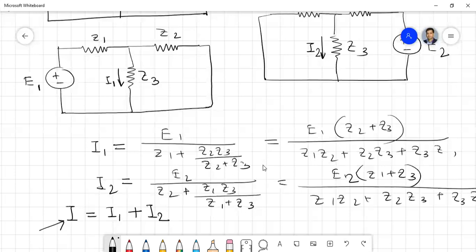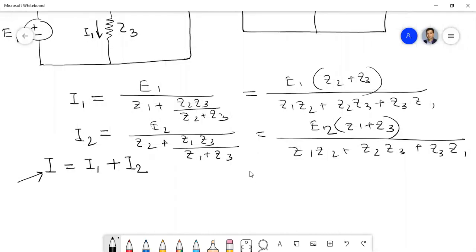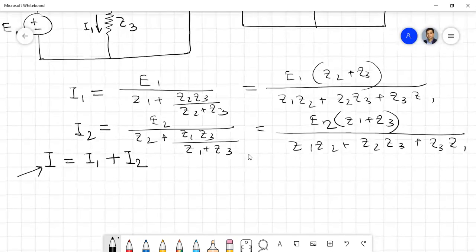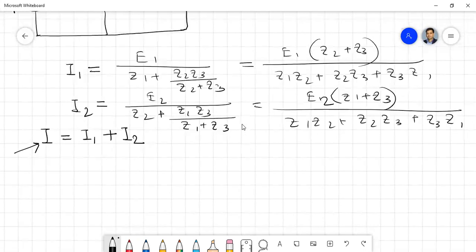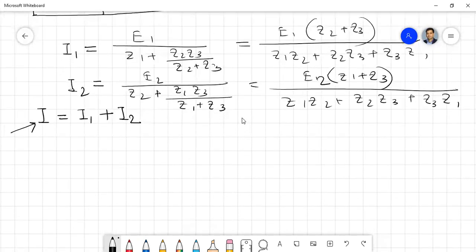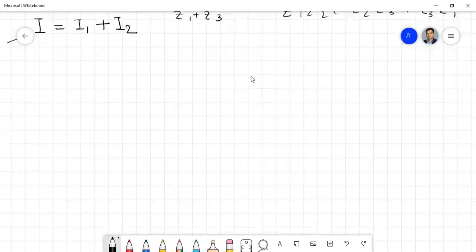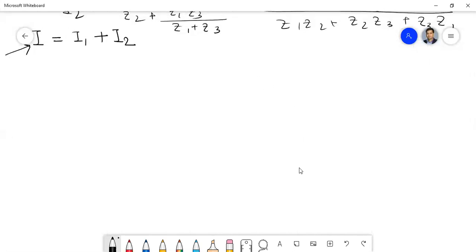Up to this, we discussed in the last class: how to solve an electrical circuit by using the superposition theorem in generic terms. So if you have any question, you can ask me, or I can go forward. Anyone has any question?